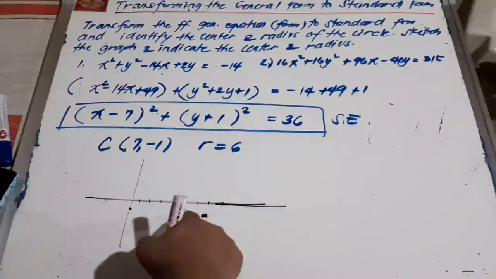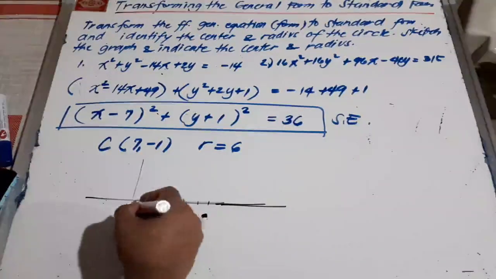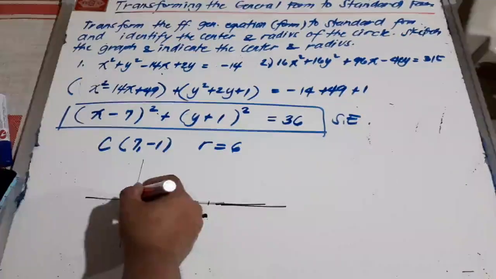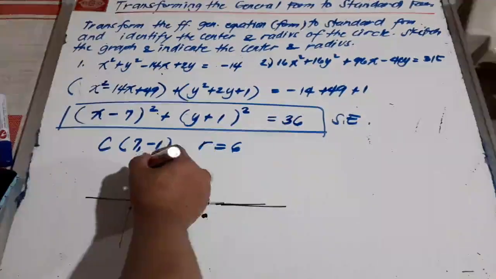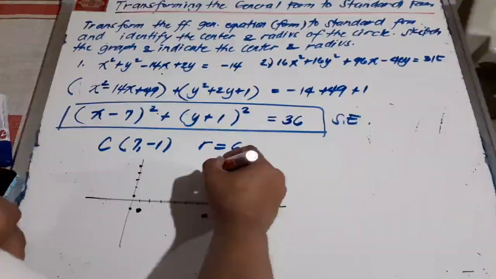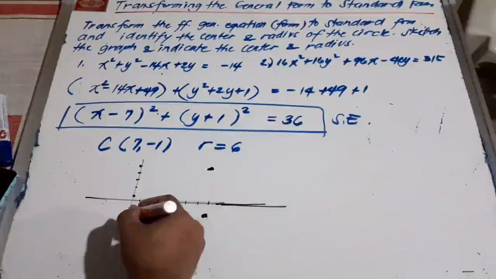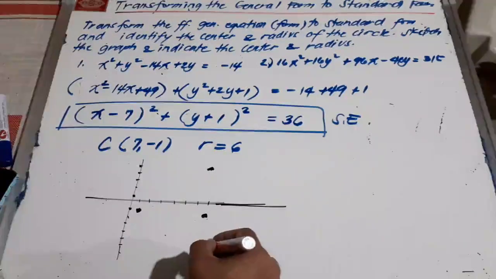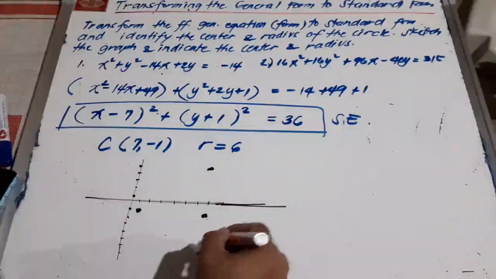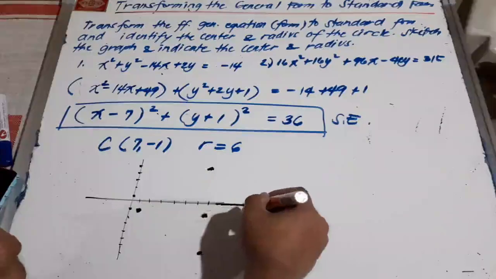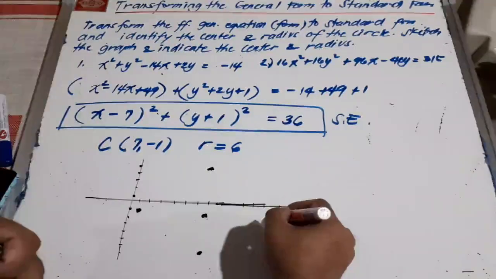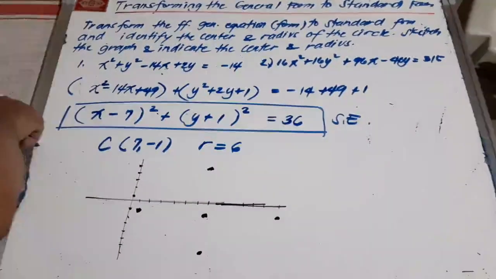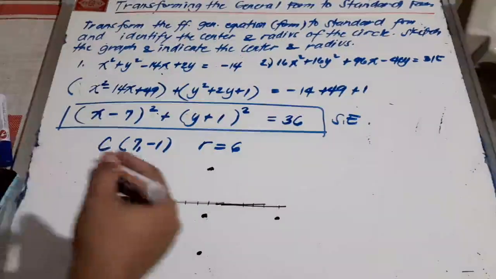So from here, 1, 2, 3, 4, 5, 6. Then upward, 1, 2, 3, 4, 5, 6. Somewhere here. Then downward, 1, 2, 3, 4, 5, 6. Here. Ito rin, 1, 2, 3, 4, 5, 6. Here. So yung ating circle, ito siya.